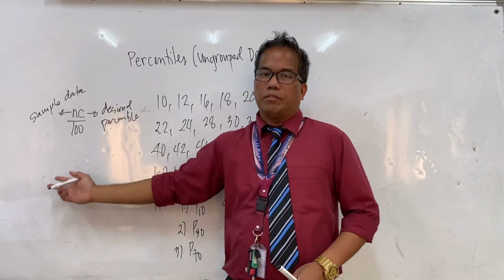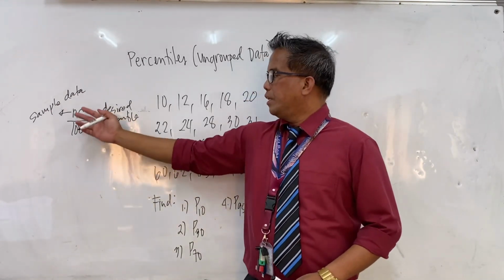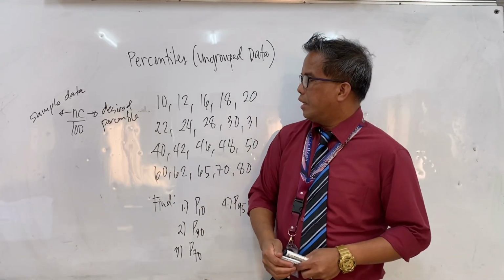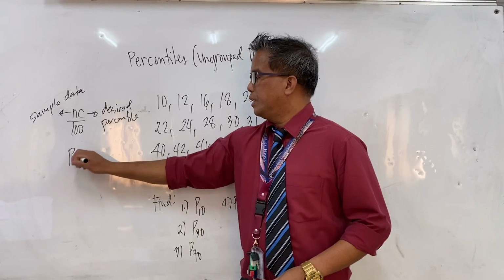The value of n times C over 100 is the location of P of C.